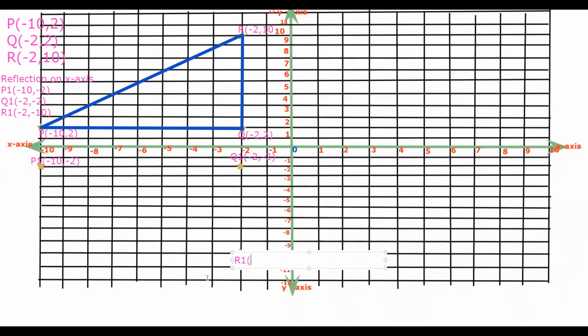R1 here is formed by -2 and -10. Then join the points together to form a shape.